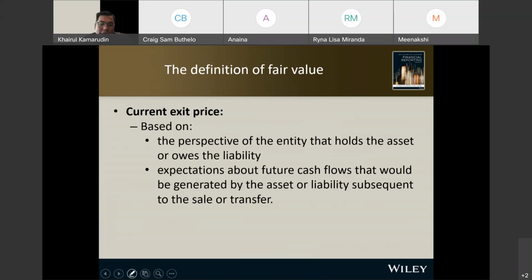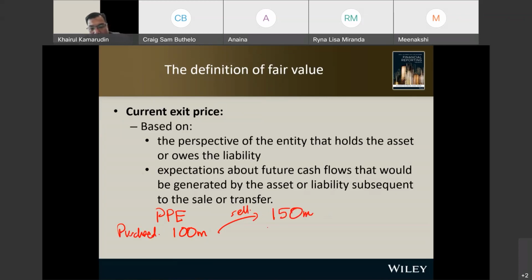For example, if you have a car and you want to dispose of the car, or you have a building, your PPE building, the cost is 100 million. This is your purchase price. Now, if you sell that building, this is the exit. You can get 150 million, but you need to pay certain tax for the agent, another 15 million.